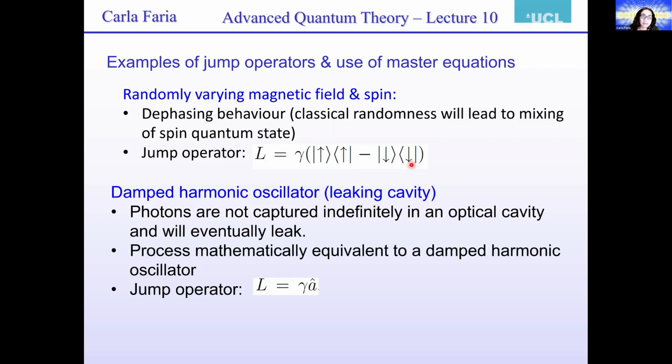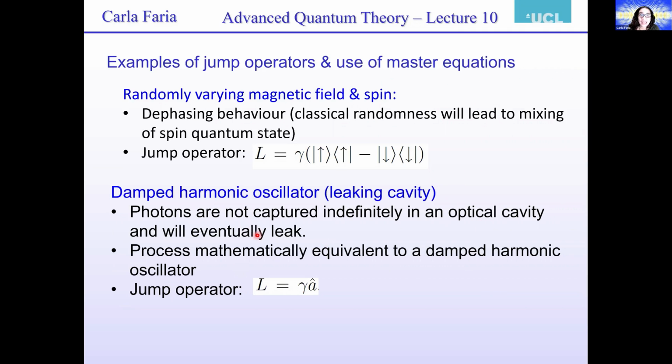Also, if you have damped harmonic oscillators, for instance, we talked about spontaneous emission in free space, and we mentioned that sometimes we use cavities to enhance particular modes of radiation and capture photons if you wish. But you cannot capture photons in real life indefinitely in an optical cavity.